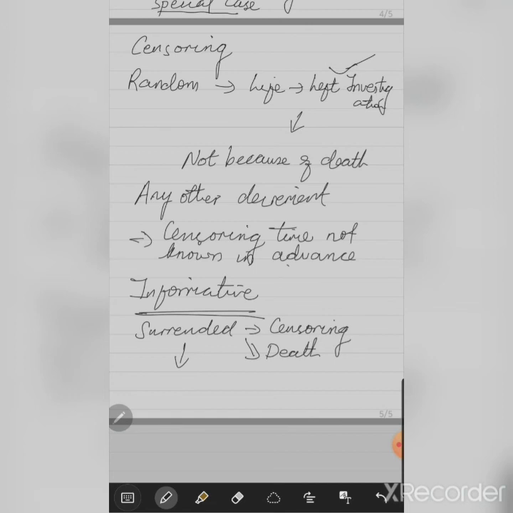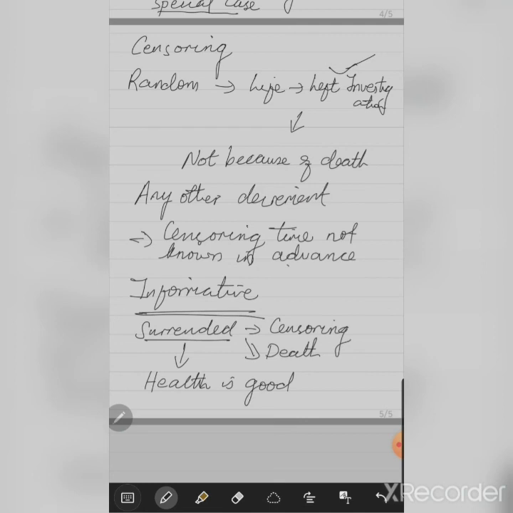If I can derive some extraordinary conclusion about those people who have surrendered, in general, people surrender their policies because they feel that their health is really good. So that's the reason why they don't want to continue with their policies, because their health is good. They feel that they're in good health compared to the people who did not surrender.